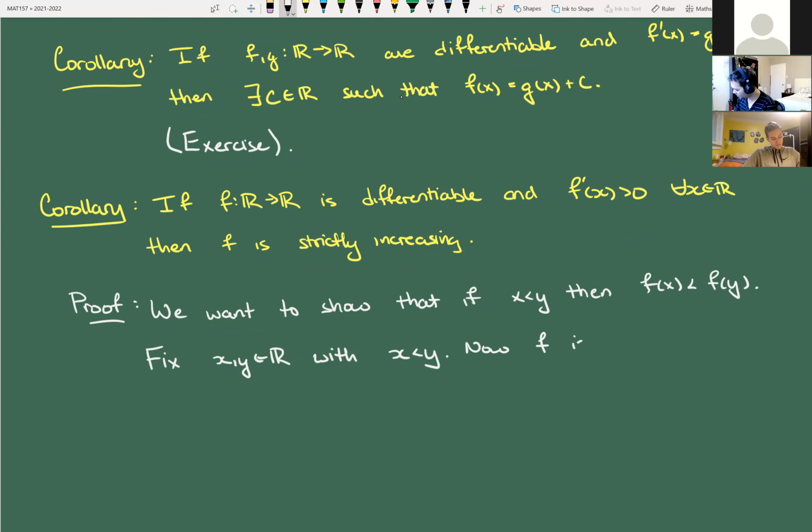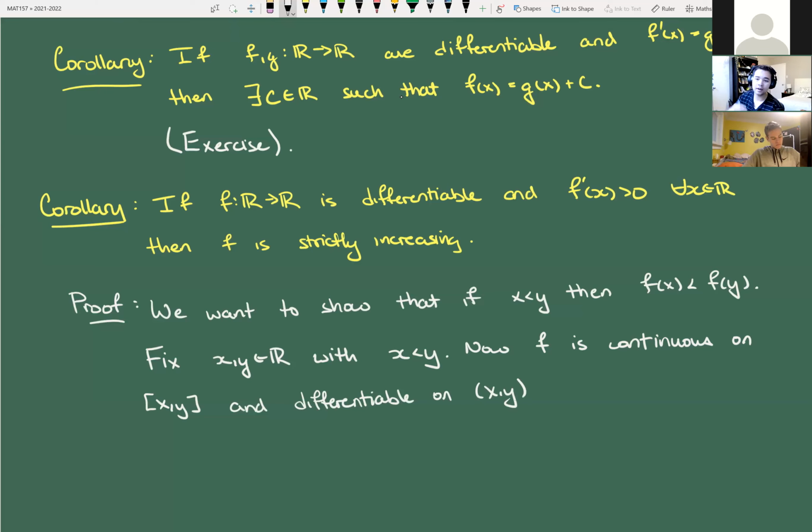Now f is continuous. And unfortunately, like I said, you can't get around this. Okay, you got to state it every time, right? You got to show that your hypotheses work before you can apply the theorem. And differentiable on (x, y), right?